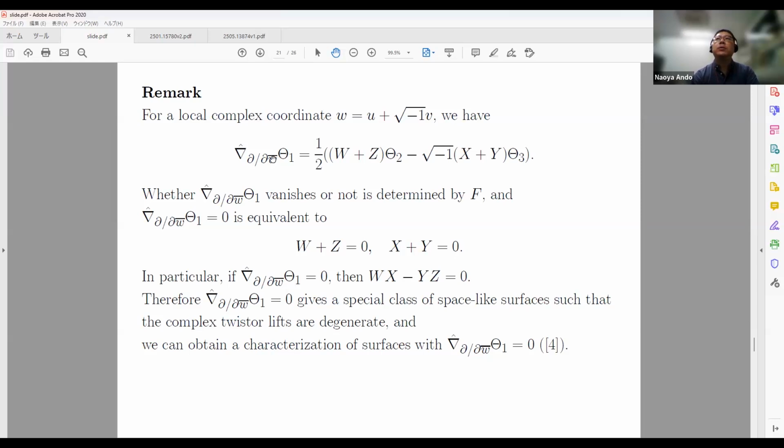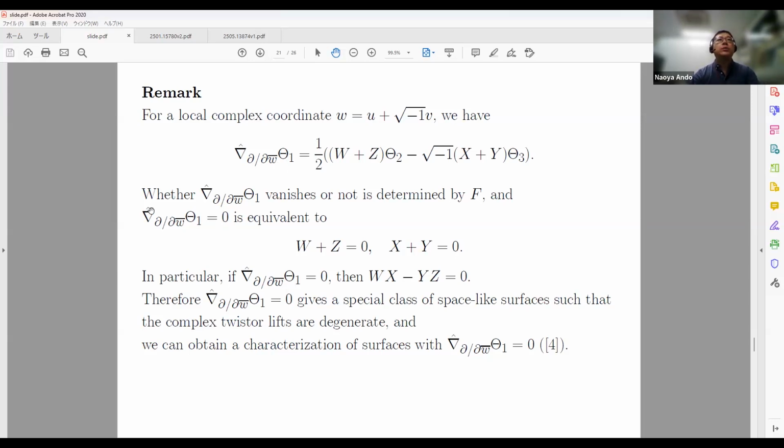Double bar is the conjugate of double. So whether this covariant derivative of theta minus by the double bar vanishes or not is determined by F and does not depend on the choice of a local complex coordinate.